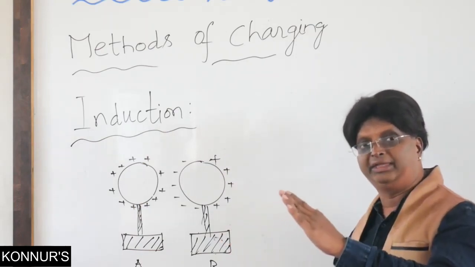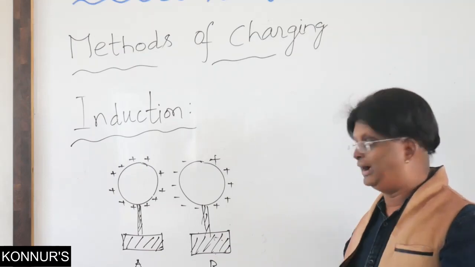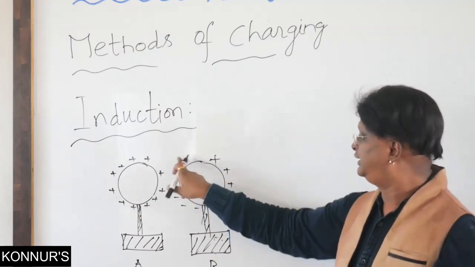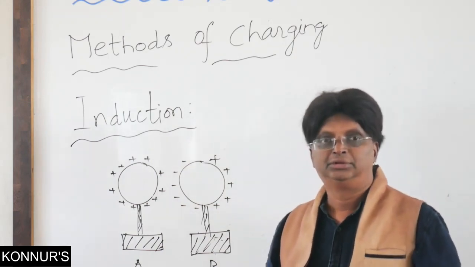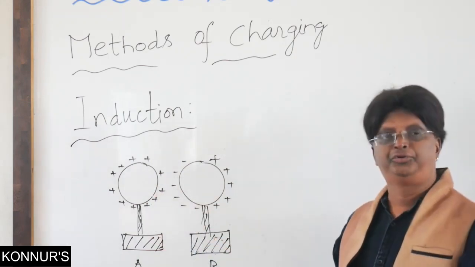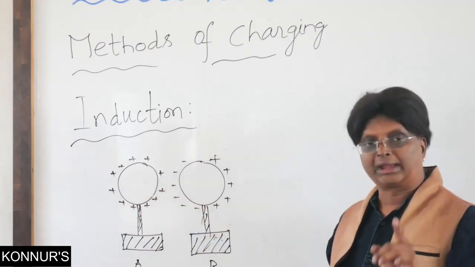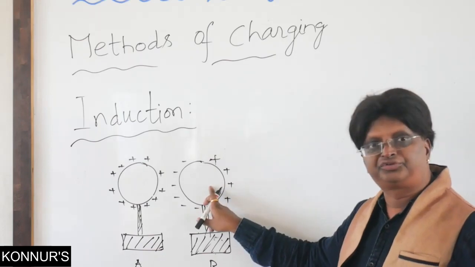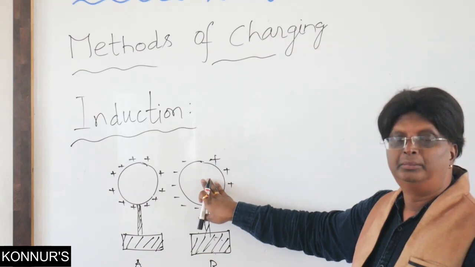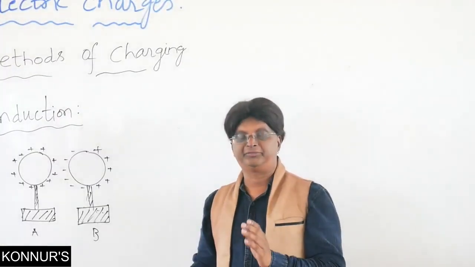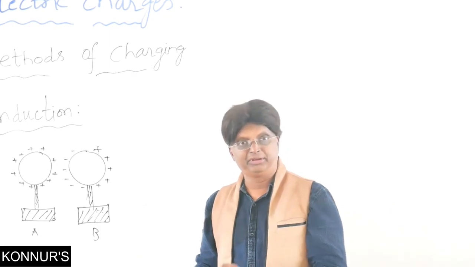So the farther side, F-A-R-T-H-E-R, it is acquiring like charge, the nearer side it is acquiring negative charge. Now this is not due to the transfer of electrons from A to B, rather it is a redistribution of the free electrons on the surface of B. See, by the property of induction, we can give one more statement, an important statement in electrostatics.